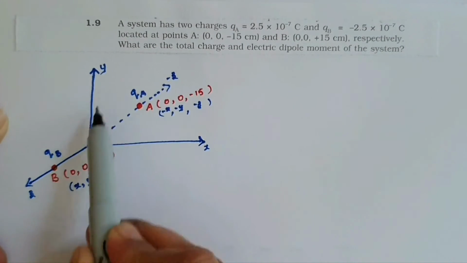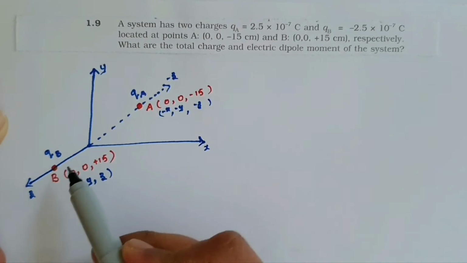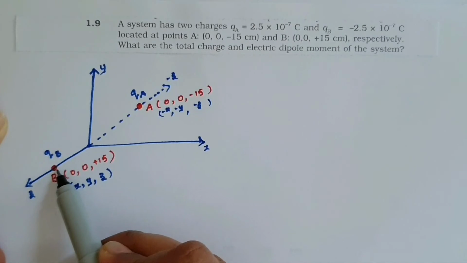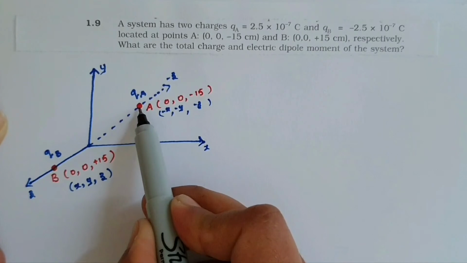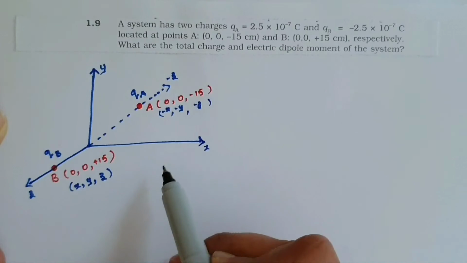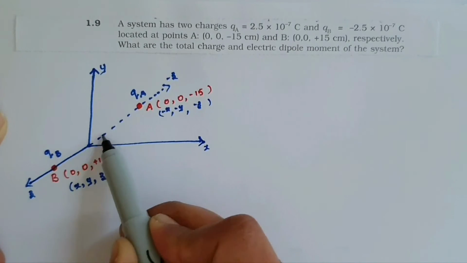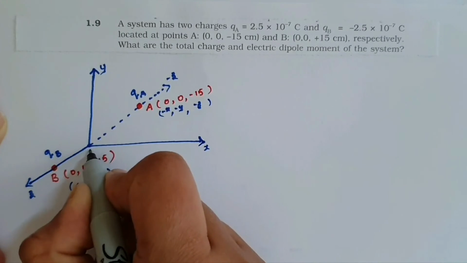Let x, y, z be the coordinate axis. Consider two charges QA and QB. QA is located at point A, that is 0, 0 minus 15 centimeter. That is, it is located at minus z axis at a distance 15 centimeter from the origin. This is origin.